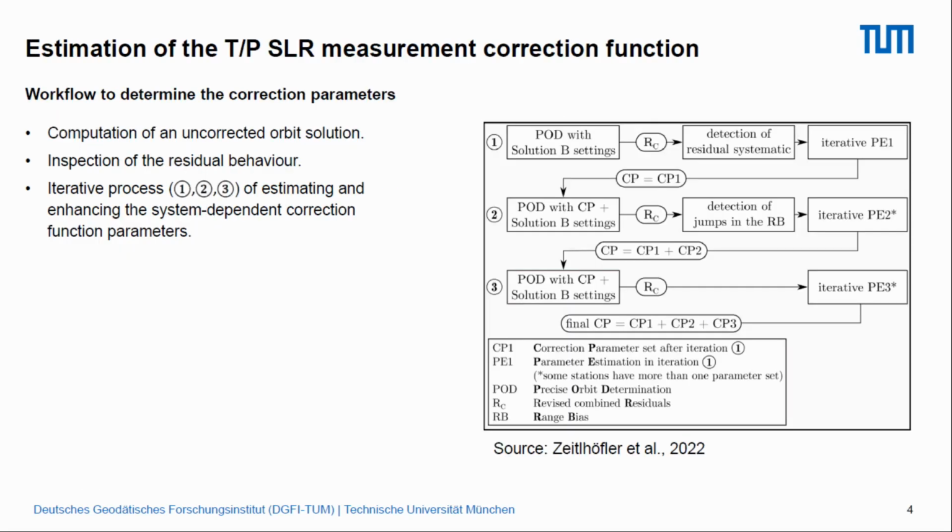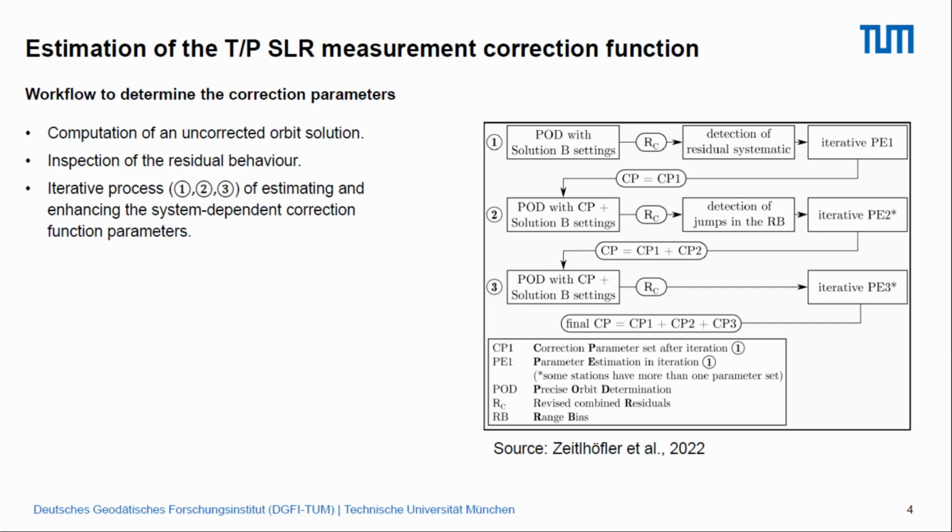This is a small workflow of the work we did, or I did. In the first step, you have an uncorrected orbit solution, and based on the normal points which we are using for the POD, I tried to get a systematic behind the residuals, and those residuals are then used for determining the correction function.